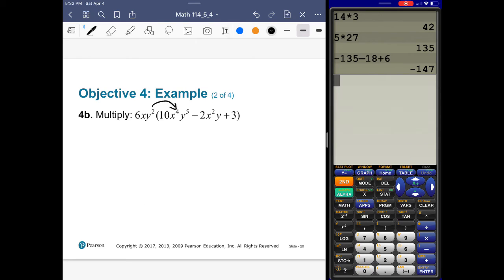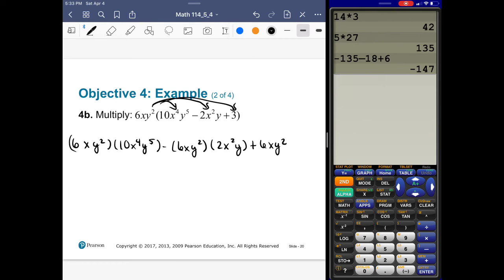So the same thing, but we're going to be distributing. So we have 6xy squared times 10x to the fourth y to the fifth minus 6xy squared times 2x squared y plus 6xy squared times 3.